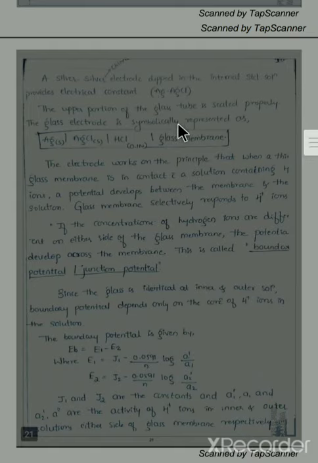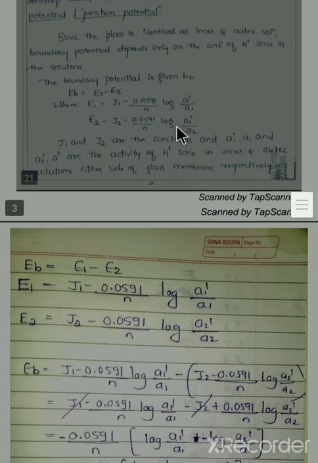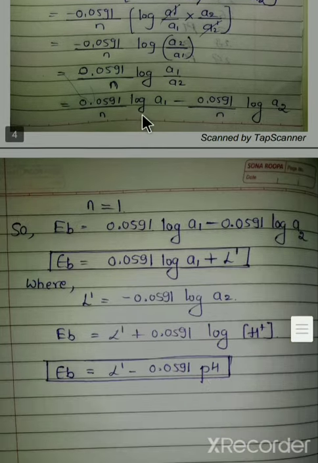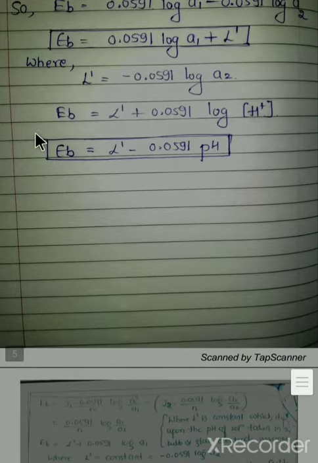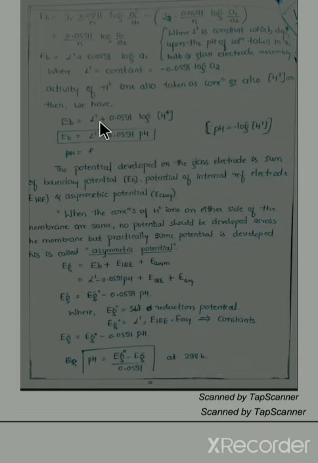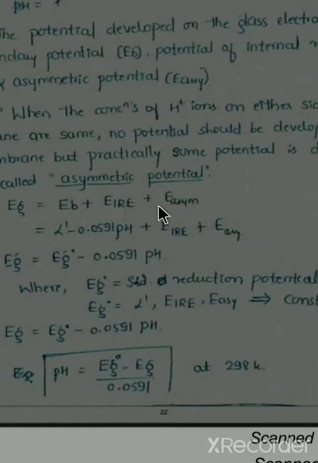First the boundary potential, then you arrive at the EB value using this expression; this is the small derivation part. Then take the sum of the three factors, that is boundary potential, EIRE and E asymmetric, which together give the potential developed at the glass electrode.